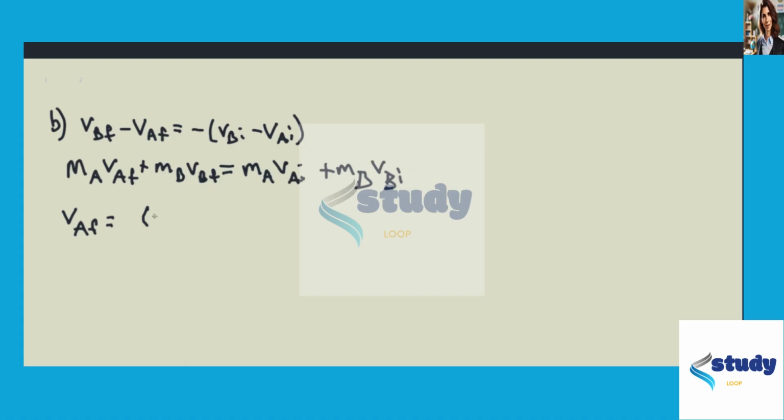So we have the difference of mass between A and B times A's initial speed plus twice B's initial momentum, and this is just divided by the total mass.